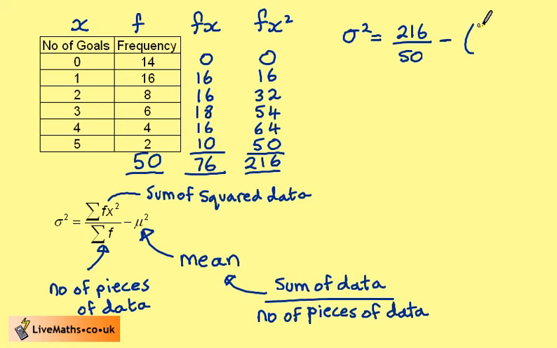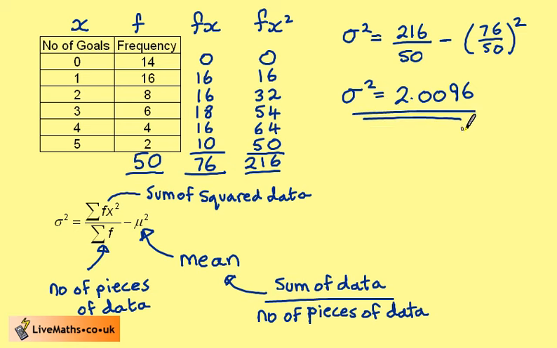Take away the mean, which is 76 divided by 50, squared. So sigma squared is 2.0096, and then the standard deviation is the square root of the variance, which is 1.42, correct to 3 significant figures.